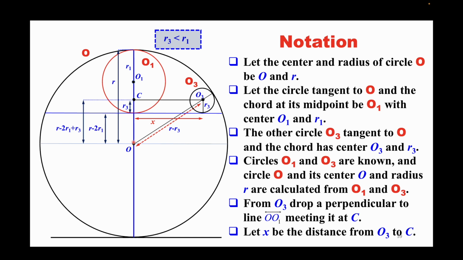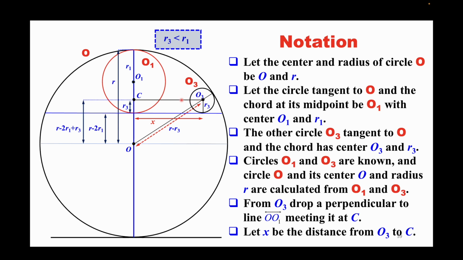Let the center and the radius of O be O and R. Let the circle tangent to O and the chord at the midpoint be O1, with center O1 and the radius R1. And an arbitrary circle O3 that is tangent to O and the chord. And this circle has center O3 and radius R3.